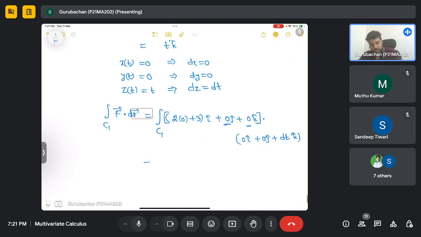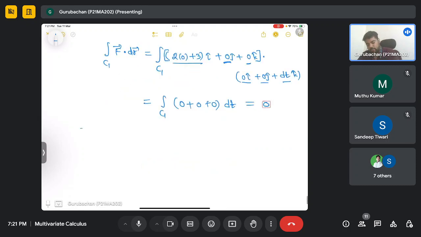So since this dot product comes out to be, this is 3 but this is 0, so it will give us 0, this is 0, again 0, and dt will be 0. So this integration will be nothing but giving you value 0.